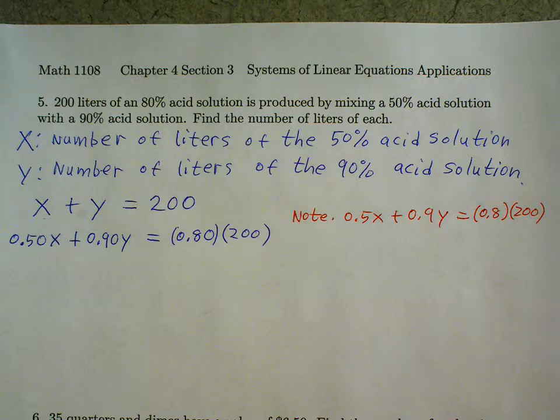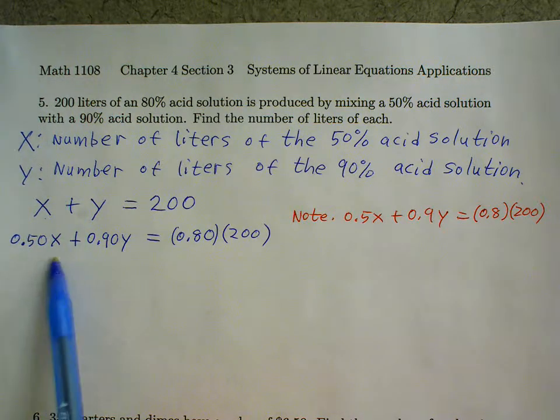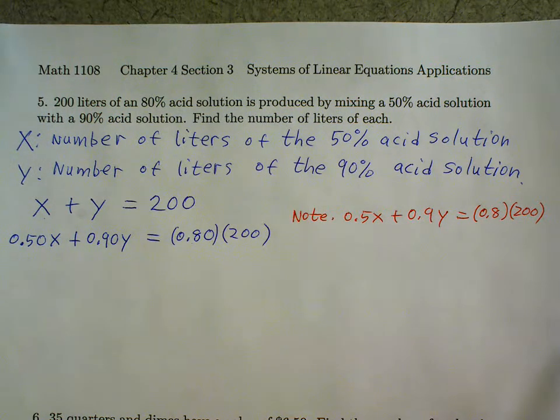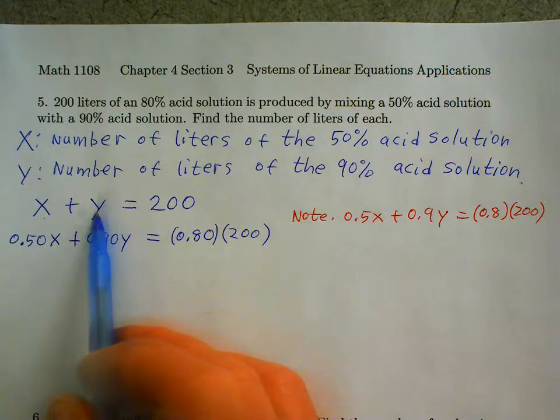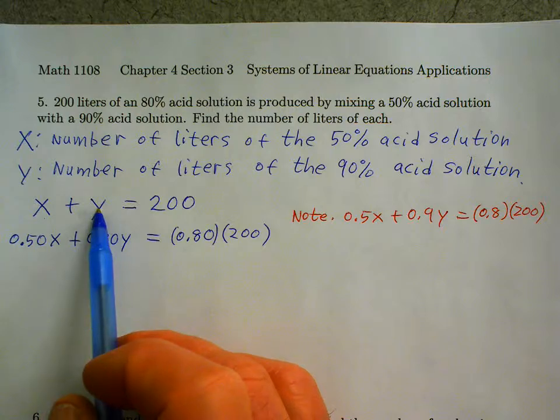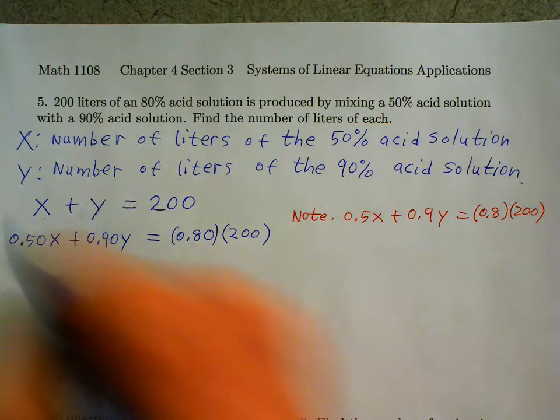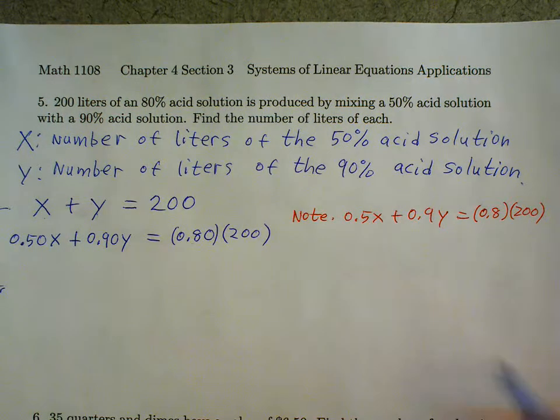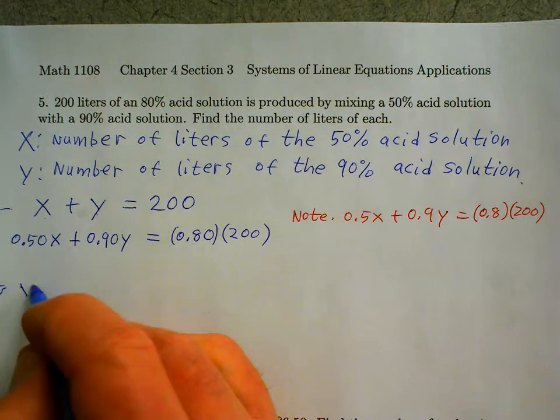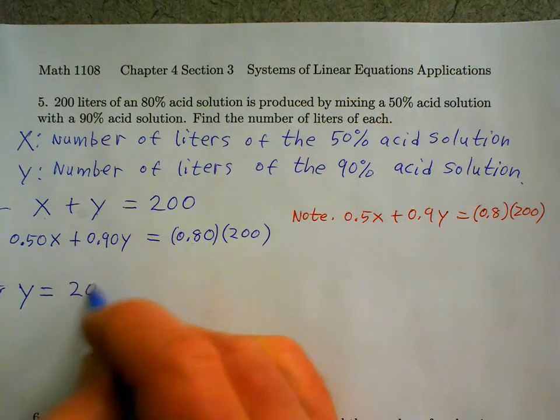Okay, so we can use the addition method or substitution. So why don't we use substitution? Suppose I solve the top equation for y. So y equals 200 minus x.